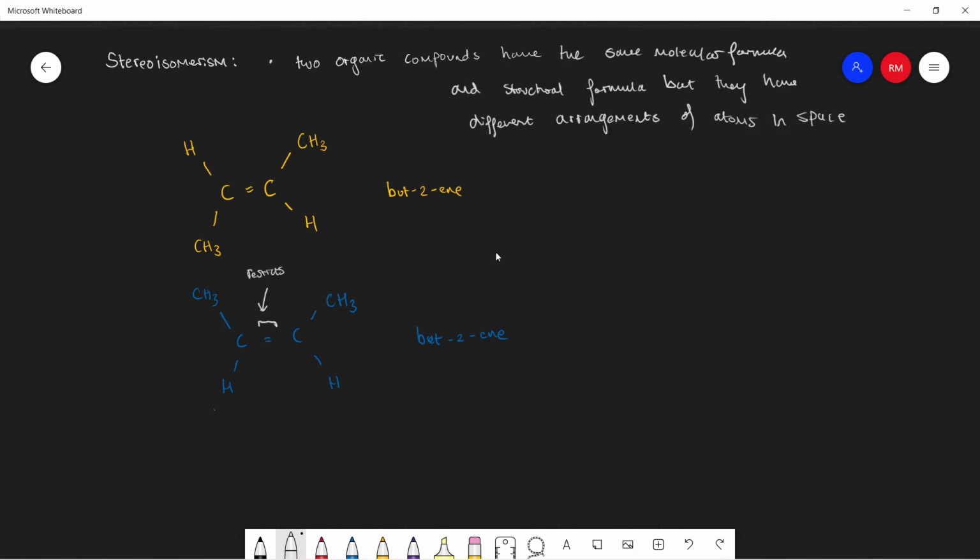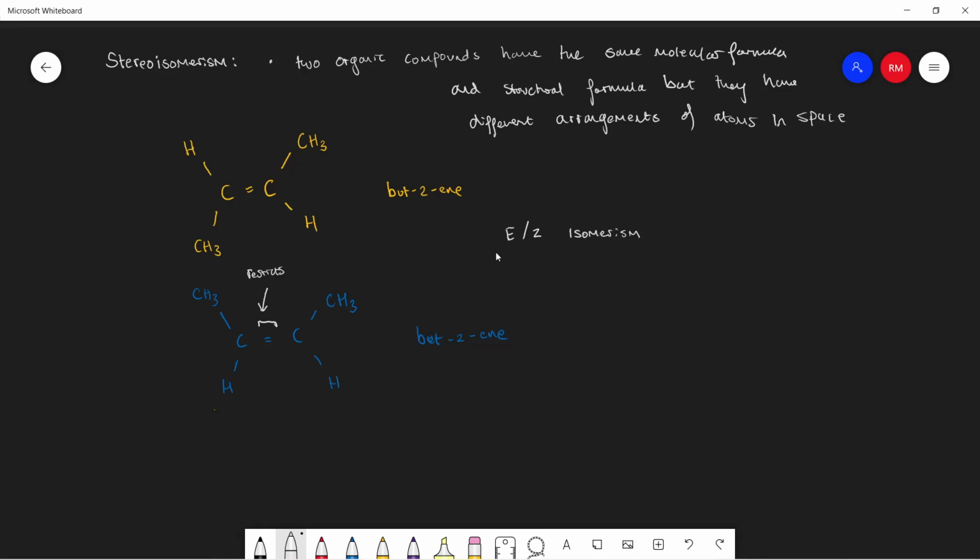Now, there's two naming systems for this, and the first one I'm going to introduce you guys to is something called E/Z isomerism. And I'm not going to pronounce their German names because I know I will butcher them completely.